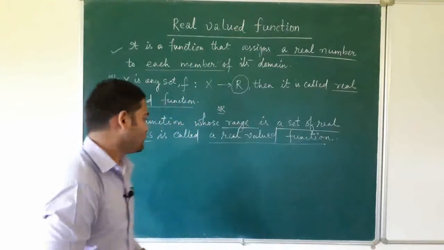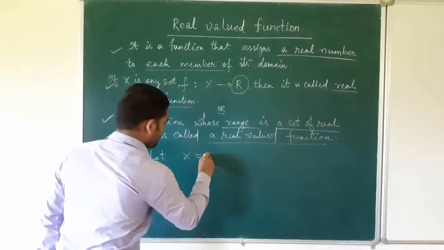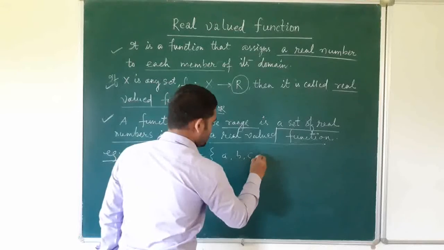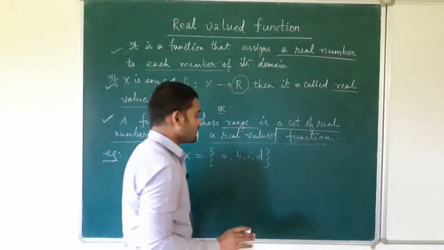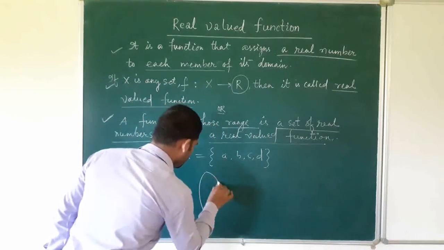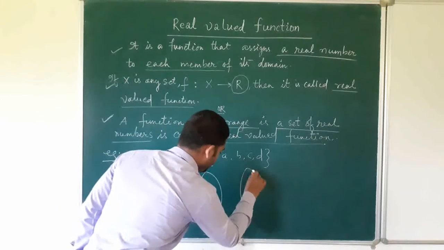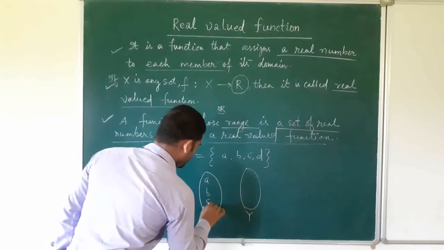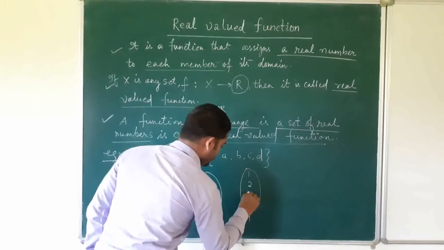So friends, for example, let set X contain a, b, c, d, whatever values it may contain, and a mapping from X to Y. A, B, C, D, and here 1, 2, 4, 5.